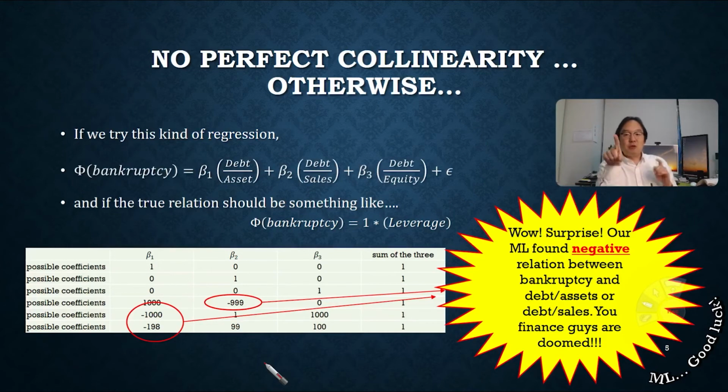You finance guys are doomed. This AI found out a very new relation that reduces your chance of bankruptcy even though you borrow more, which is kind of crazy, right? The economic theory doesn't tell us that. So ML, good luck, or the AI, should I say. AI, good luck. So we have to be careful about this multicollinearity issue.